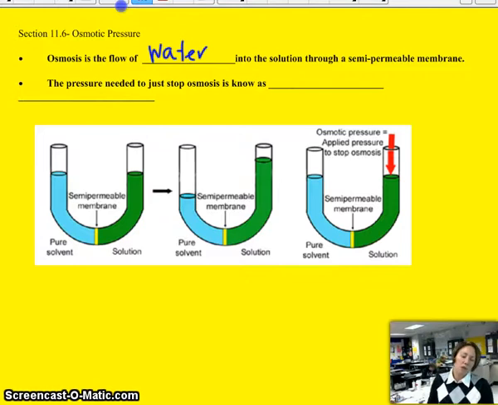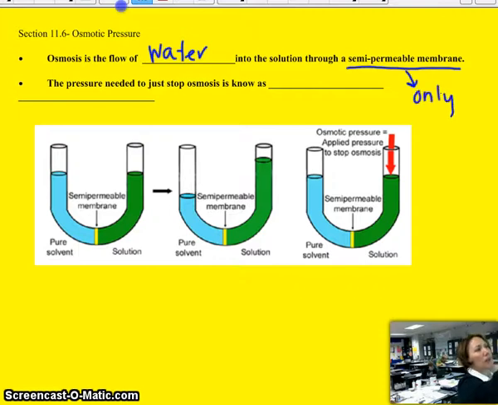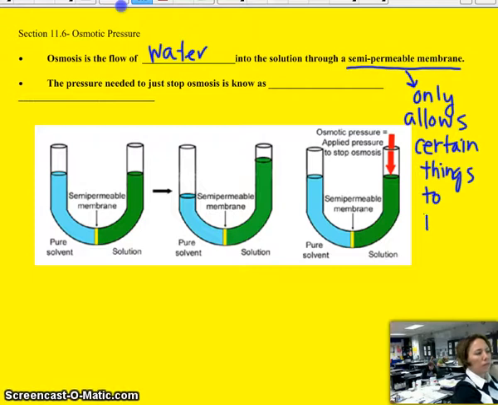Water will always flow into a solution, and it flows through a semi-permeable membrane. If it's semi-permeable, that means it only allows certain things to pass the membrane. Think of it like border patrol on your borders, right?